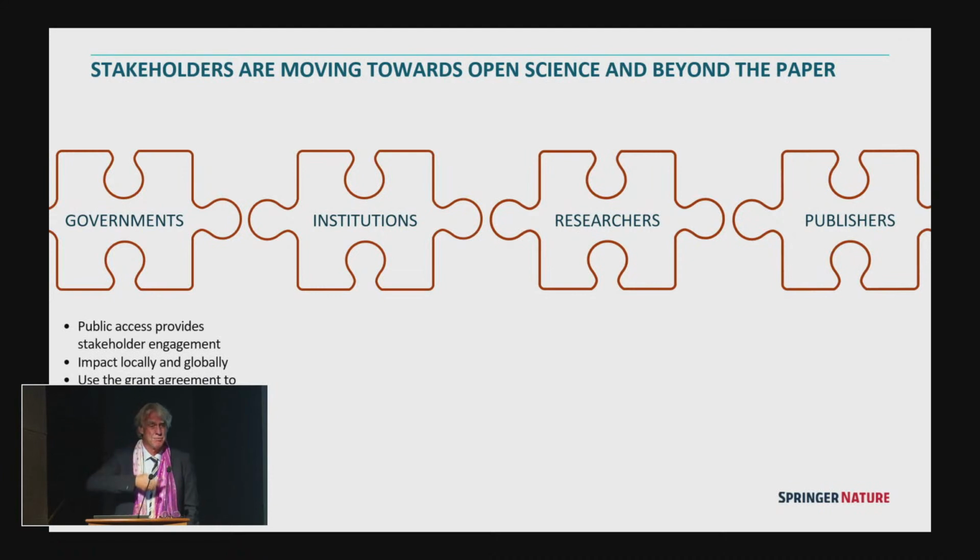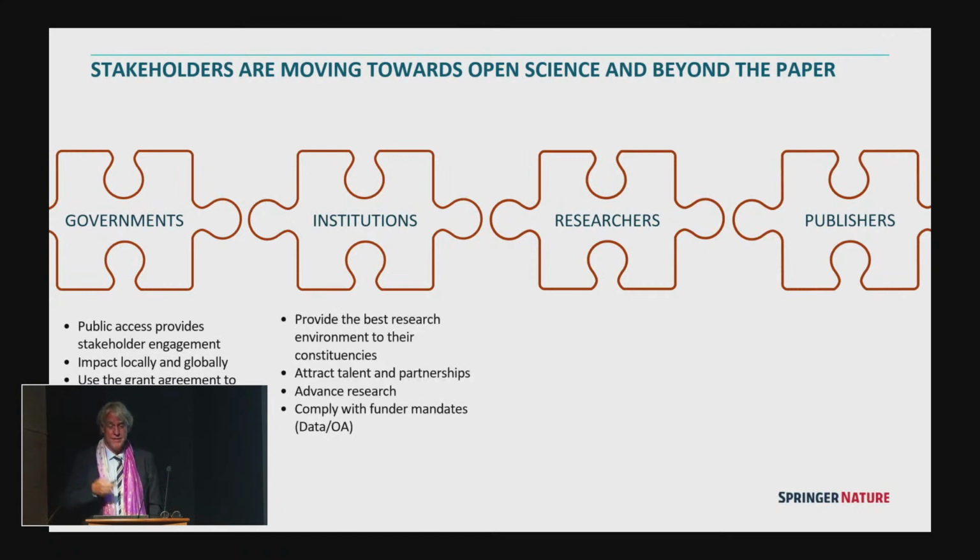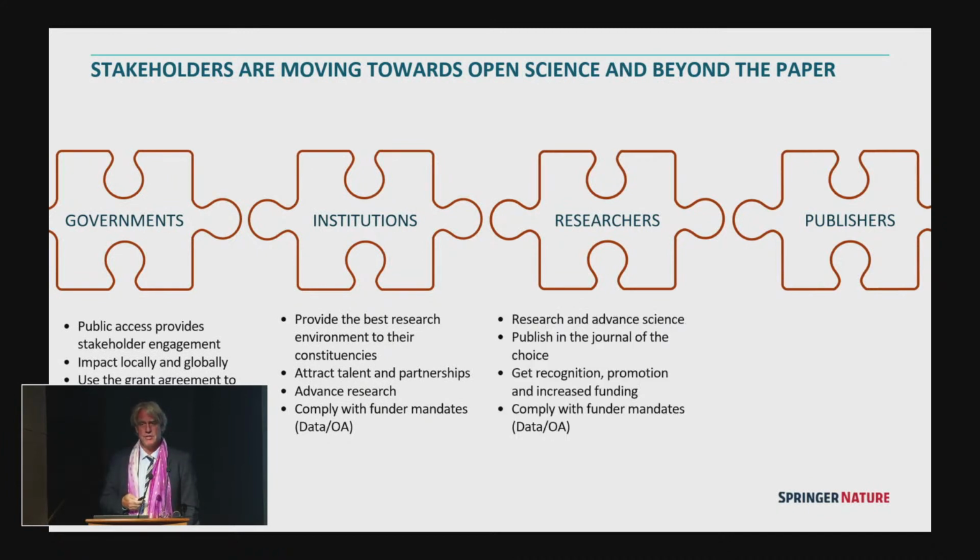They want to connect more research with the country, with India. We need India to tackle the big problems. The institutions want to attract good talent, good researchers, and want to work with researchers. We've got the researchers themselves who want to get better funding, advance their career, and do more science.